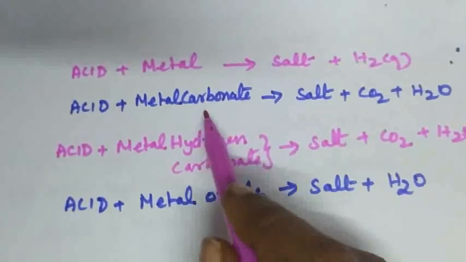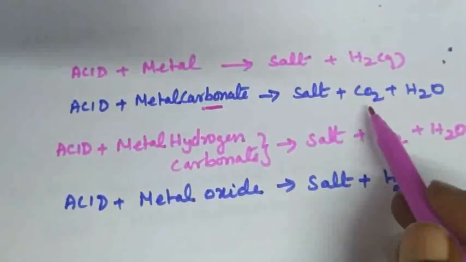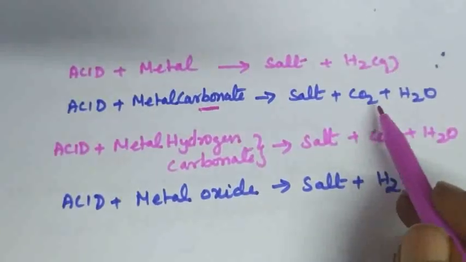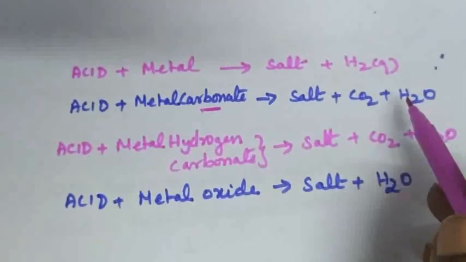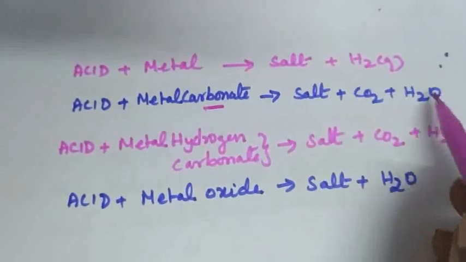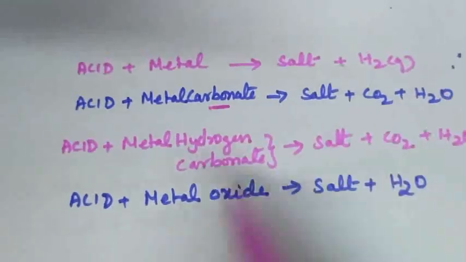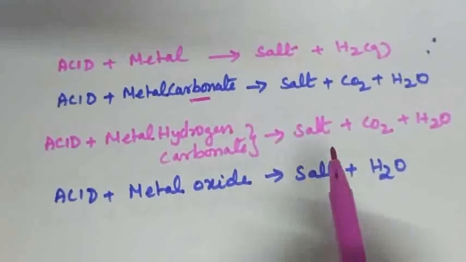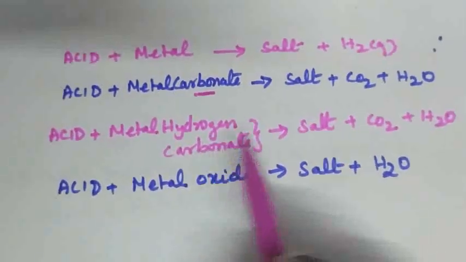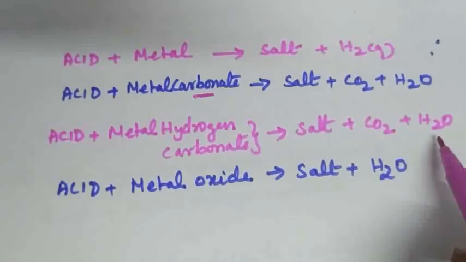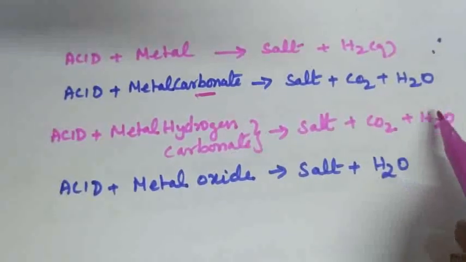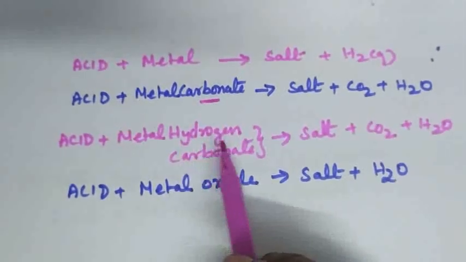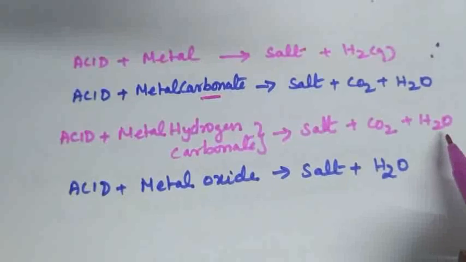If it is with carbonate, most of the time carbon dioxide is released, and hydrogen takes up oxygen to form water. Then next case, metal hydrogen carbonate. Here also we have salt, and since it is carbonate, carbon dioxide and water are the products. So in these 2 cases the product is the same, whether the reactant is metal carbonate or metal hydrogen carbonate.